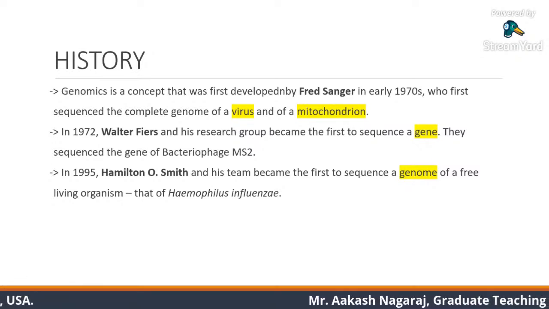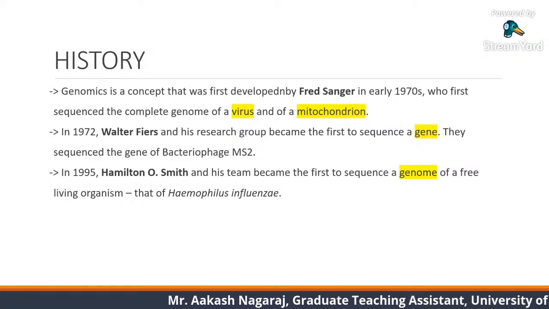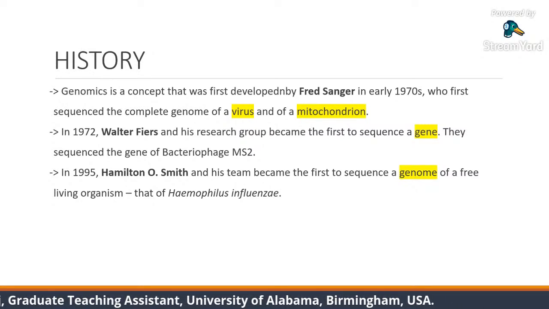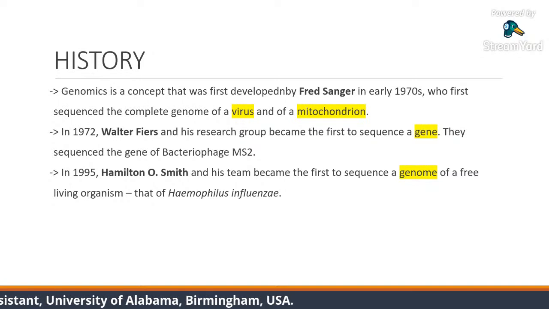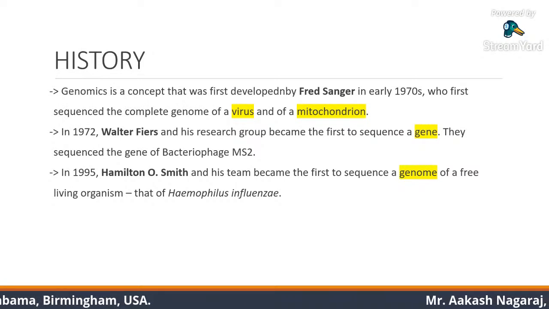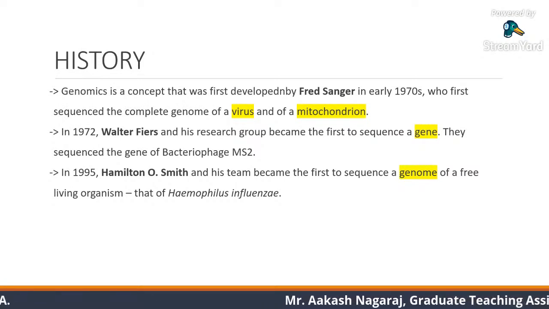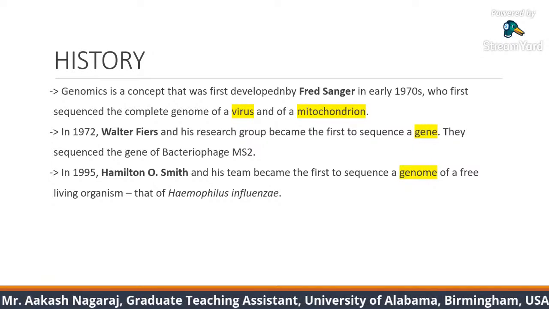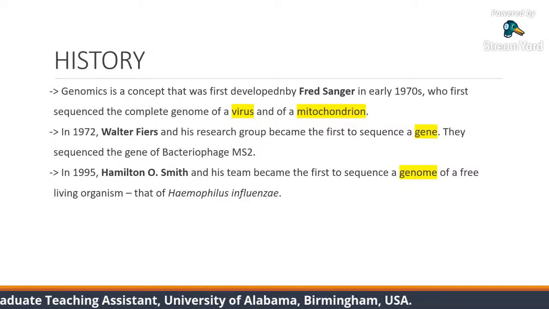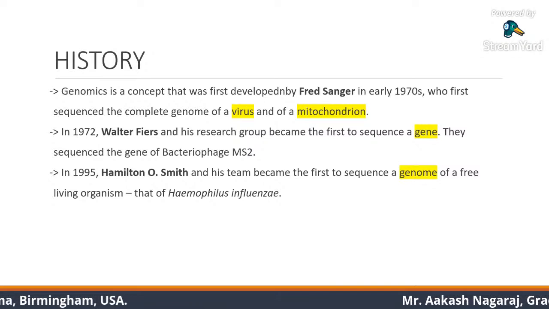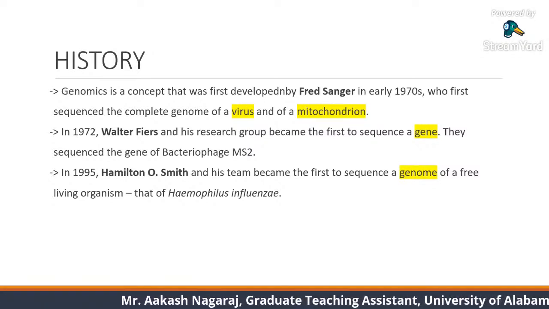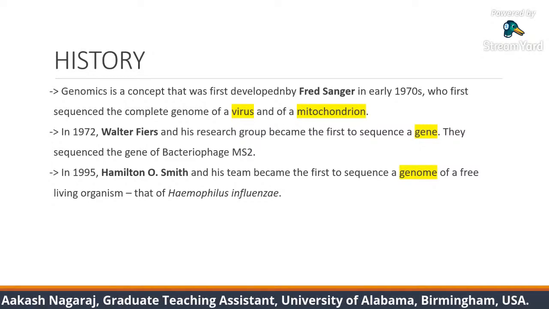Let's see a little bit of history, just short, about all the techniques which were developed. So Fred Sanger was the first scientist to sequence the complete genome of a virus and then a mitochondrion. He did that in the early 1970s. And then one more scientist, Walter Fiers, in 1972, his group was the first to sequence a single gene. They sequenced the gene of a bacteriophage.